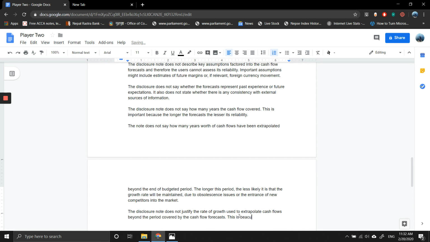This is important because the growth rate used seems unrealistically high, particularly when compared to the current economic climate.